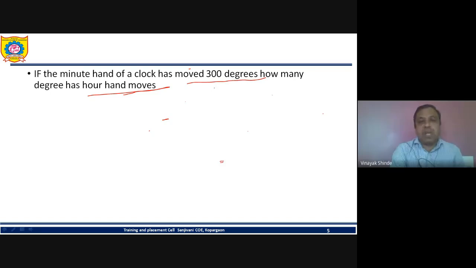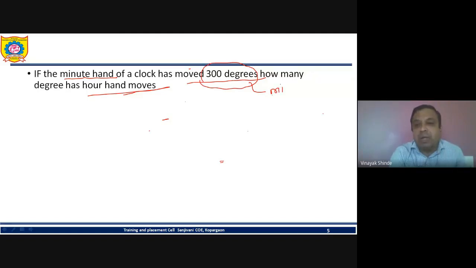Now we have the relationship between the minute hand and hour hand: when the minute hand completes 1 minute, the hour hand moves 0.5 degree. But here we have the information in degrees, 300 degrees, and we should know it in minutes.